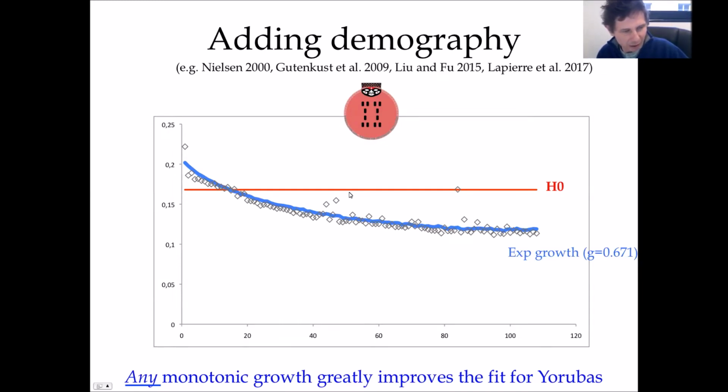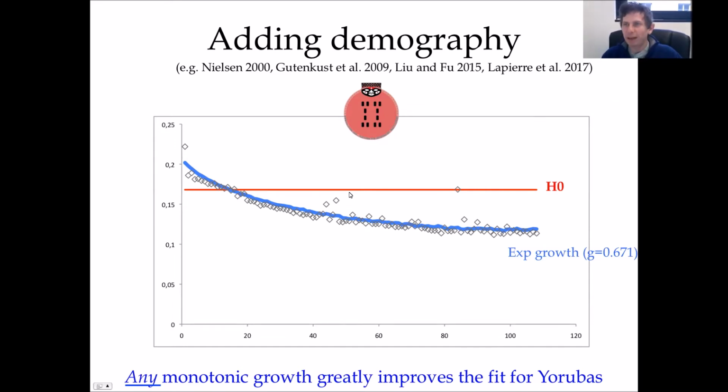We've shown in the past that actually any kind of growth will explain the data for the site frequency spectrum. So okay, that's the typical way we do things. We have a standard neutral model, we add demography, sometimes we add structure, and that's it. We fit the data, and we're quite happy with that.